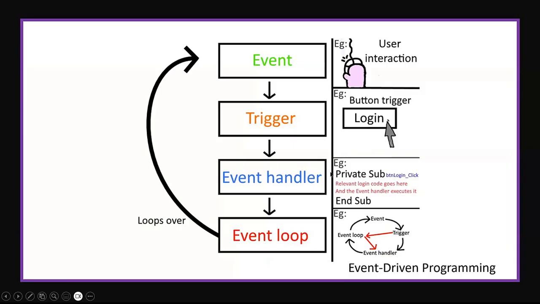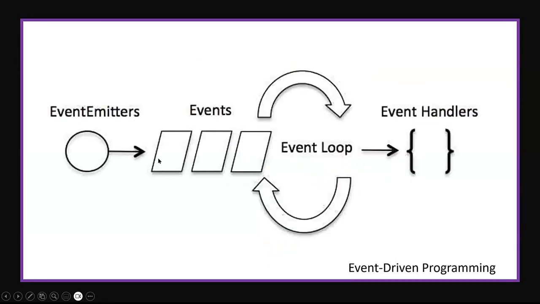The event object created when you click the mouse is put into the event loop, and the event loop processes them one by one. Once the event loop runs on your event object, it gets your event handler to handle the event. This is the idea of event-driven programming.